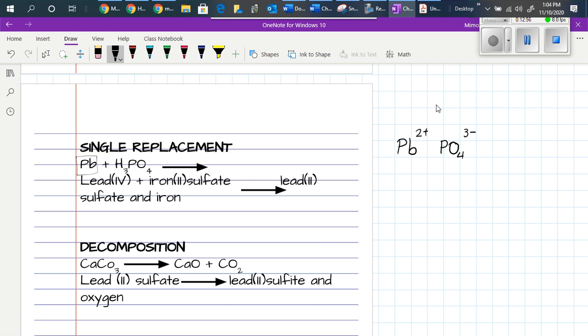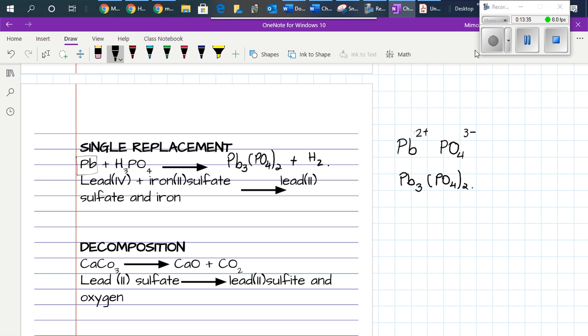PO4 is 3-, so if we switch the places, and remember what we said about polyatomic ions, that they act as one group, this will be Pb3(PO4)2. So what is created here is lead-2 phosphate and hydrogen.